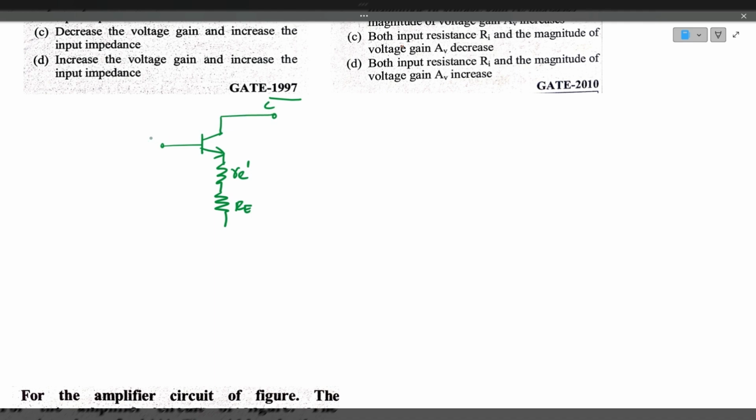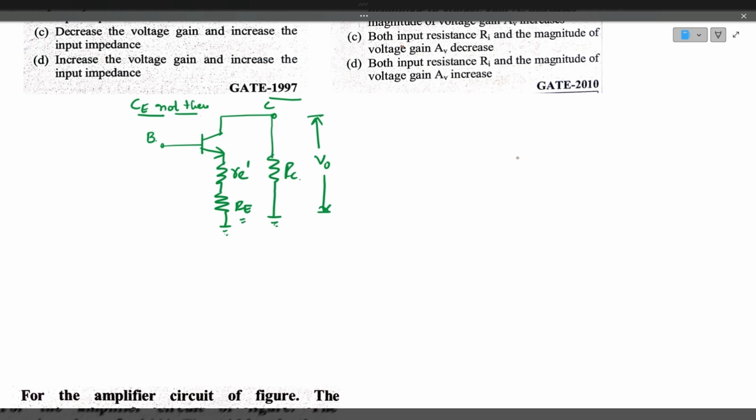This is collector, this is base, and there is a collector resistance RC, across which the output is taken. This is the basic circuit when CE is not there. CE not available. So whenever the emitter capacitor is not available, we have to consider the emitter resistor.